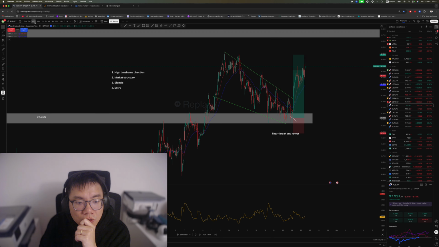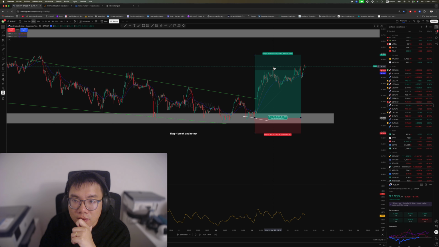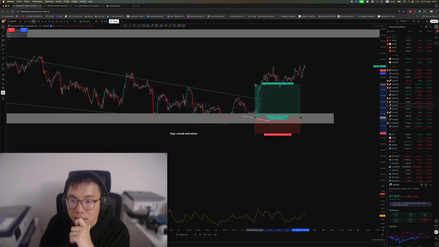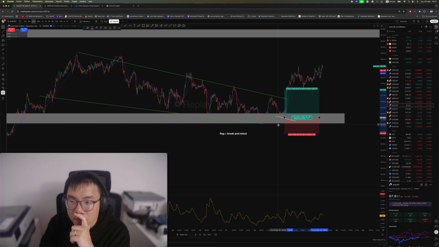So when I saw price reaching this high, what I did was put my stop loss under here. My stop loss is a little bit something like that.